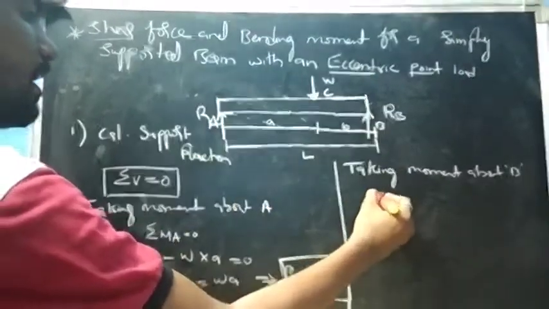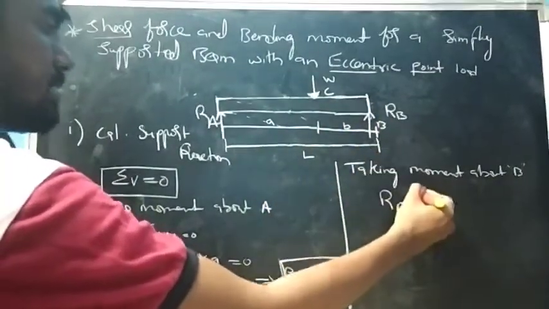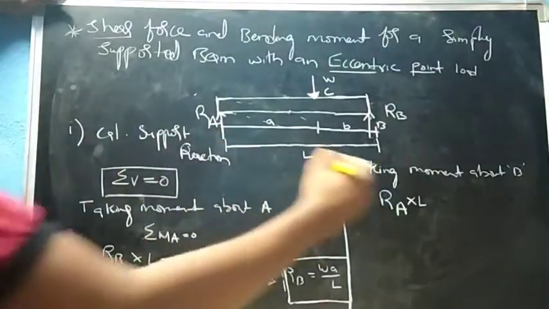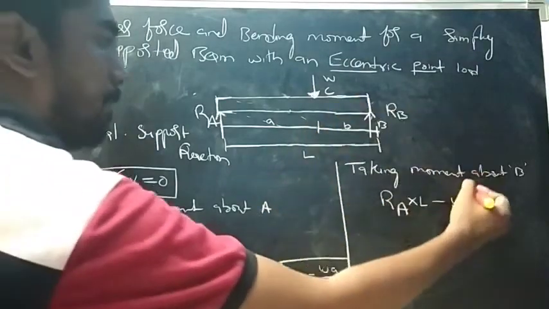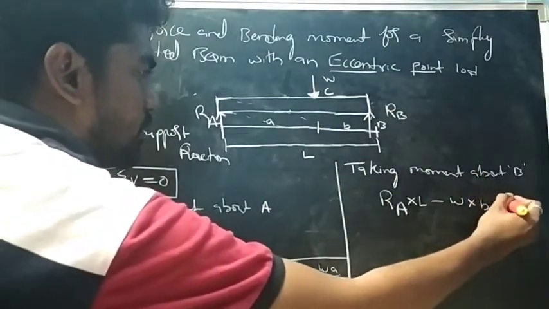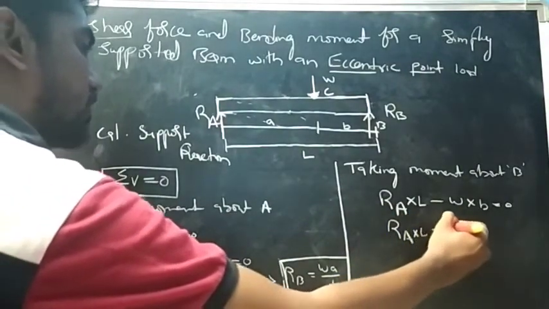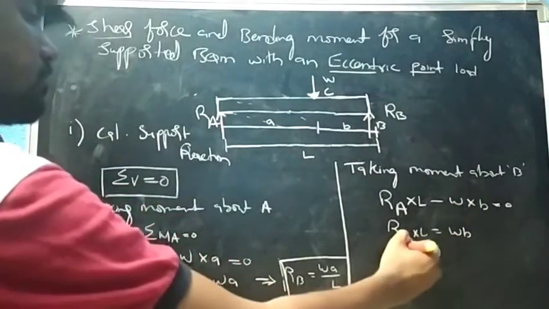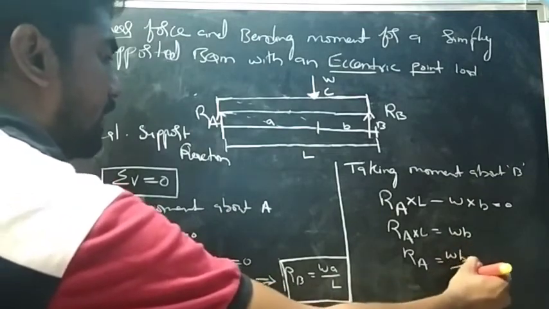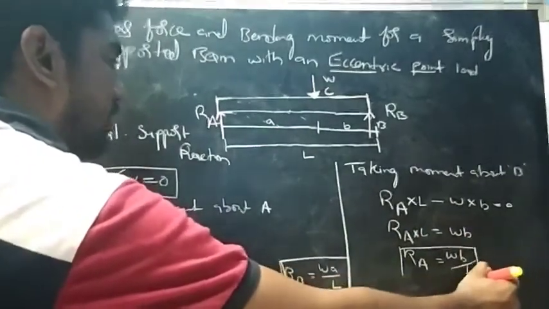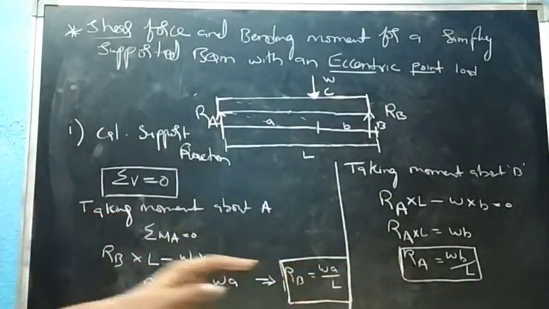RA multiplied by the total length L, minus W into the distance b, equals 0. So RA into L equals Wb. From here, RA equals Wb upon L. So now we have got the vertical support reactions, RA and RB.